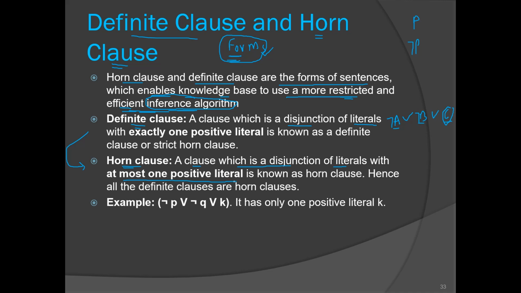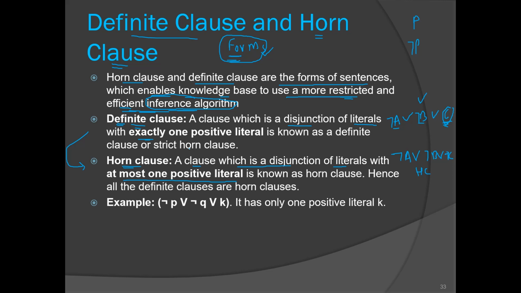OK, so at most one positive literal, or it can be zero also. That means this is a horn clause because we have one positive literal, and this is also a horn clause: not A or not B or not C, all literals are negative. But this is not a definite clause. Definite says exactly one. Exactly means definite.